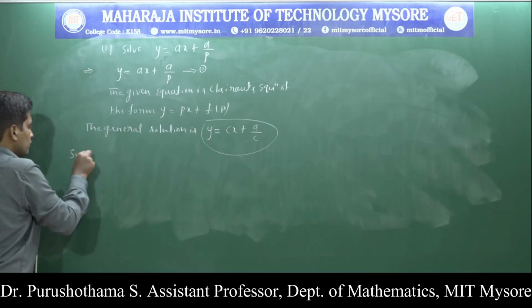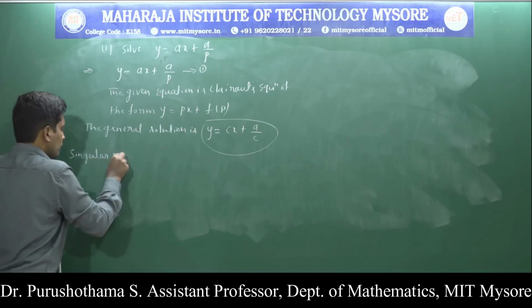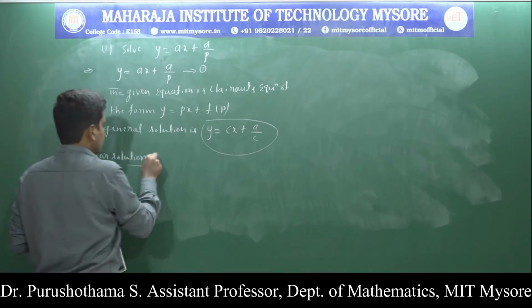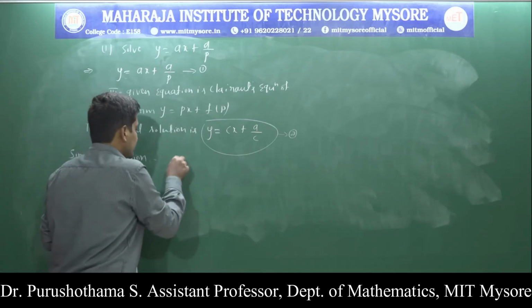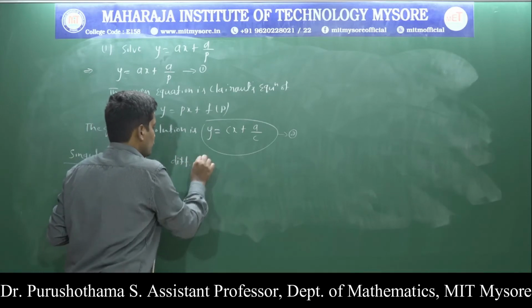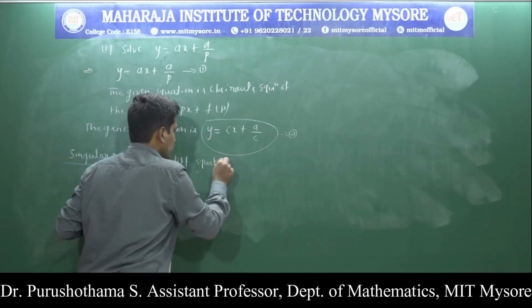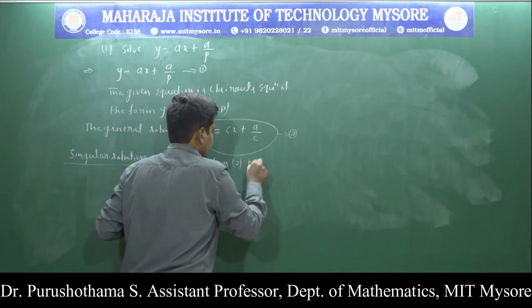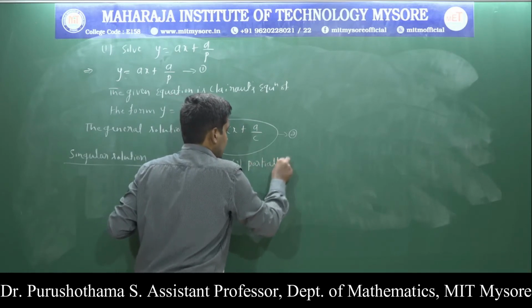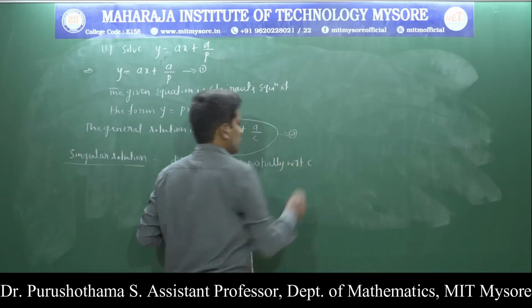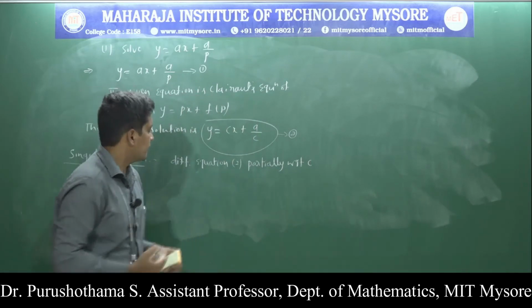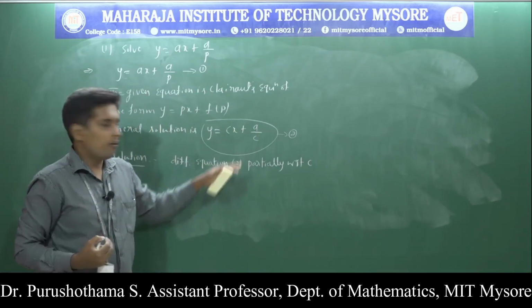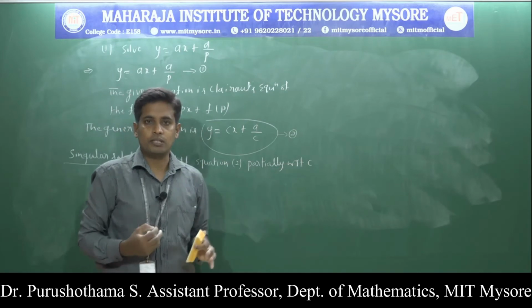Singular solution is obtained by differentiating equation 2 partially with respect to c.